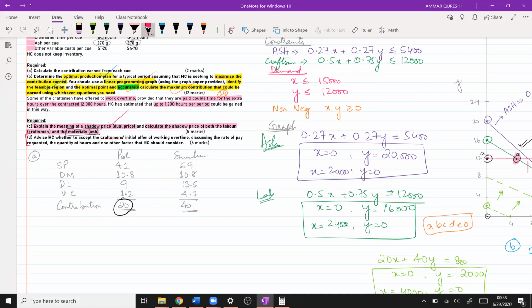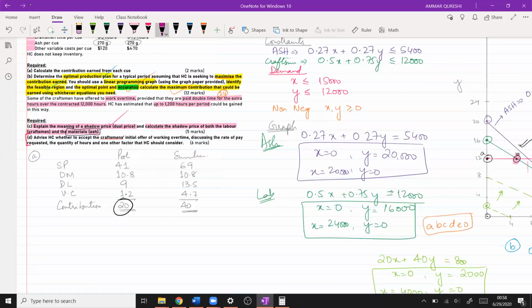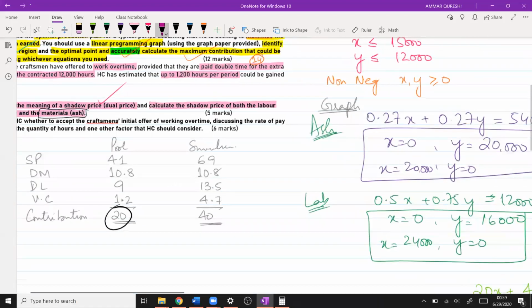I personally believe that D part is the only part in this whole question that may go wrong for any student. Otherwise, the overall question is really very easy. In fact, in part D, there are just 2 points which can be problematic for any student. Advise HC whether to accept the craftsmen's initial offer.